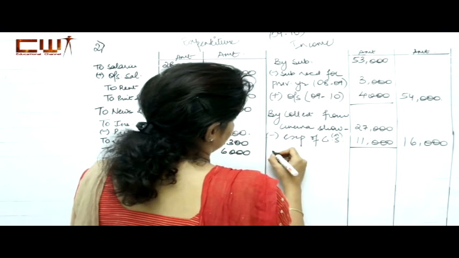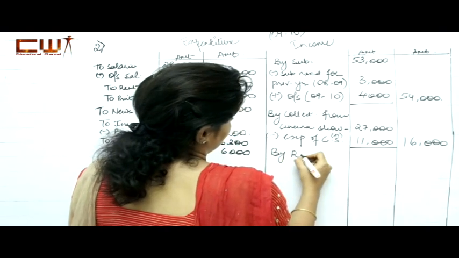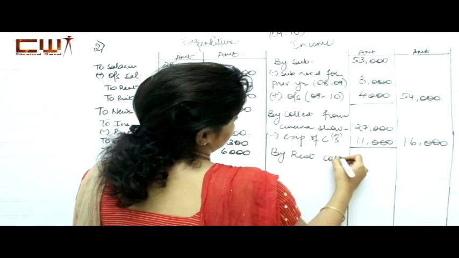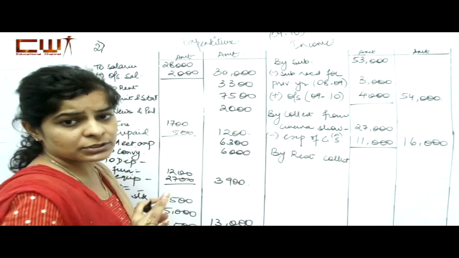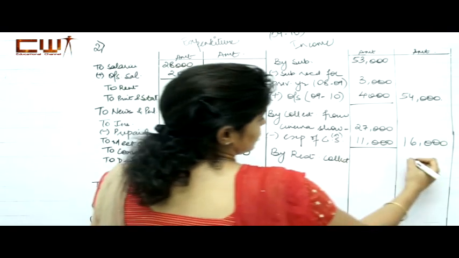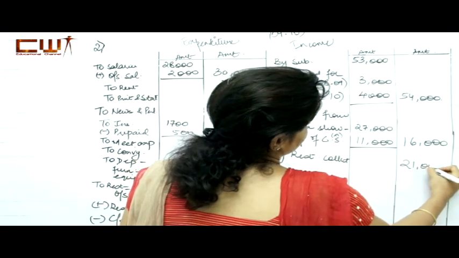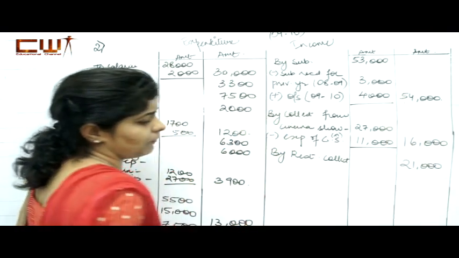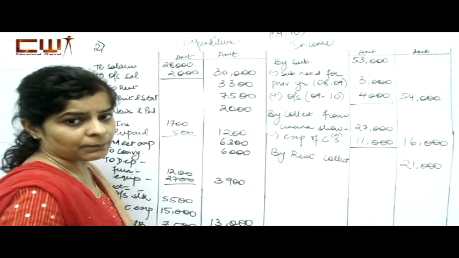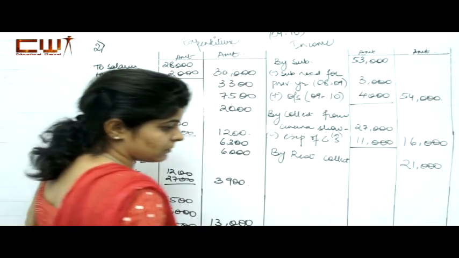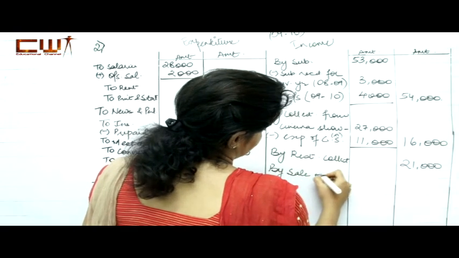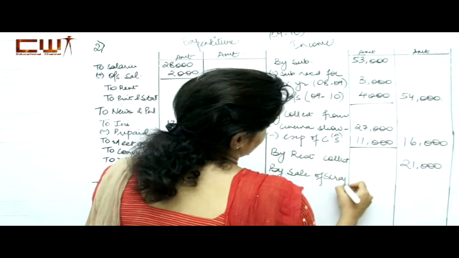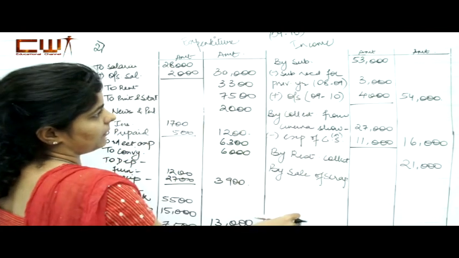Then you have the restaurant collection. That was for the cinema show; this is the restaurant collection. There is no adjustment, so you write the final figure 21,000 in the main amount column. Then by sale of scrap, all the receipt side comes on the income side.